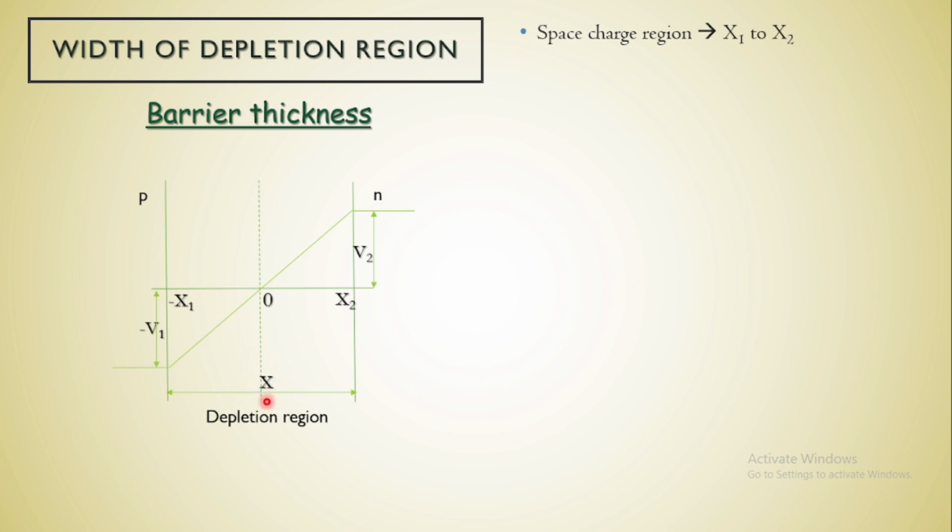So clearly from this diagram we can say x is equals to x1 plus x2, and here x1 and x2 can be understood based on V1 and V2, which gives us the potential barrier. So our steps are straightforward. First we will deal with the potentials, based on which we can find out what is x1 and x2.